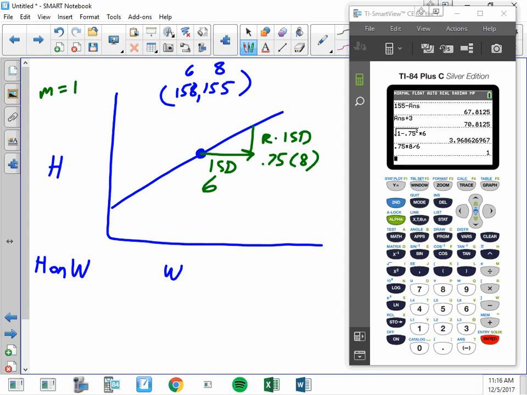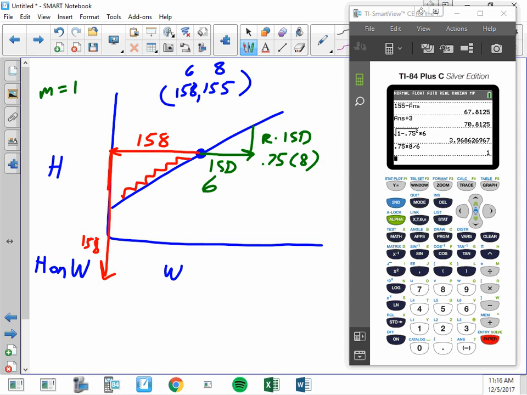Now this is actually really easy. If I go back 158, how far down do I need to go? The slope is 1. It's up 1 over 1, so it's down 1 over 1. So for every 1 centimeter in x, I go down 1 centimeter on y.